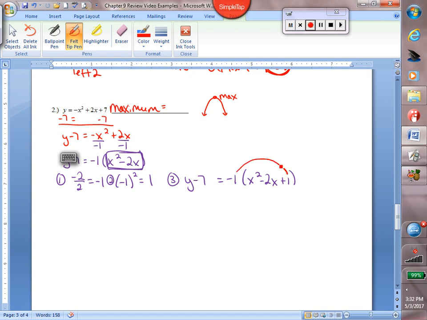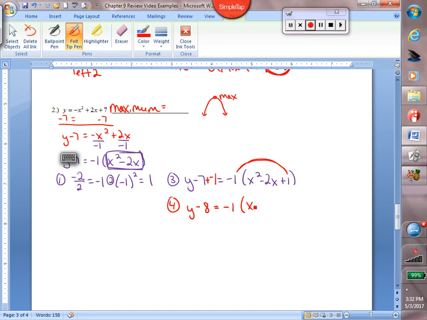So really, we haven't added positive 1, we've really added negative 1. So if I add a negative 1 on the right, I have to also add the negative 1 on the left. From there, we can continue on. We end up with y minus 8, equals negative 1. Go ahead and factor.